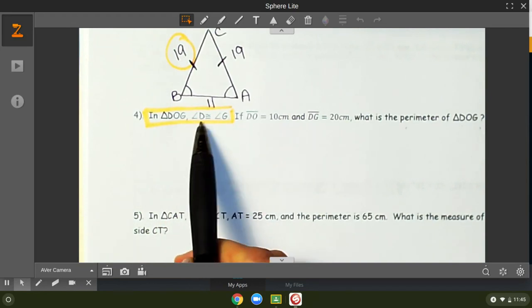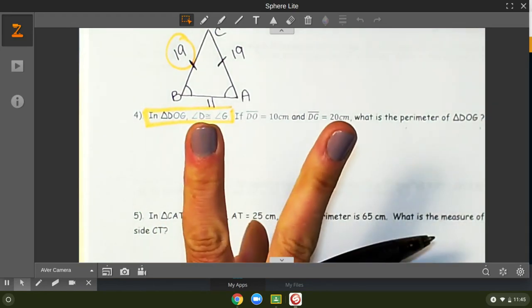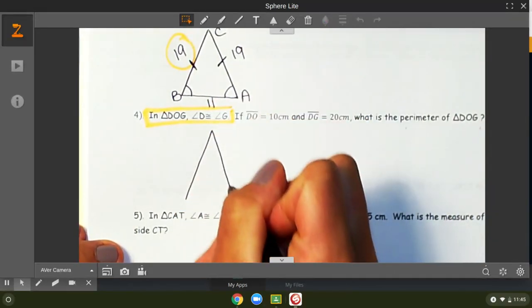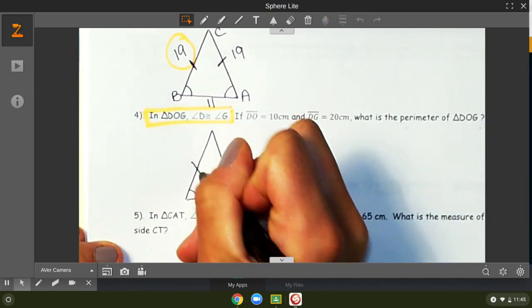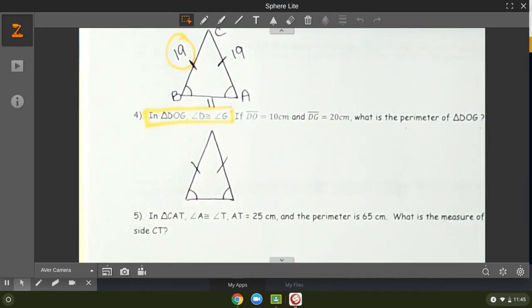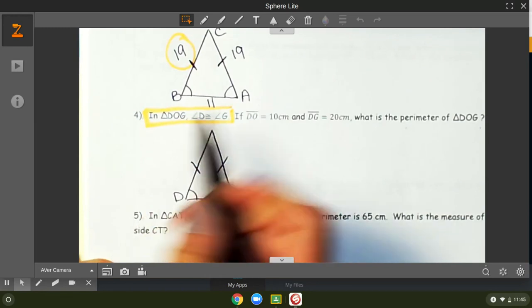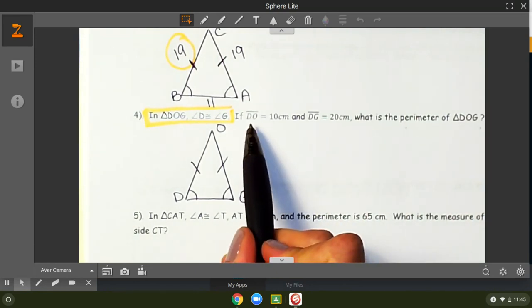If it has 2 equal angles, it's also going to have 2 equal sides because it is isosceles. So we start by drawing an isosceles triangle, 2 equal angles, 2 equal sides. Now D is congruent to G, so those have to be your 2 bottom angles, which then leaves O for the top angle.